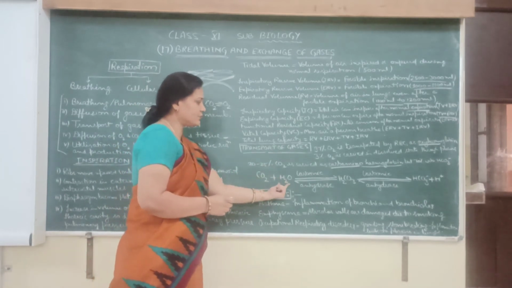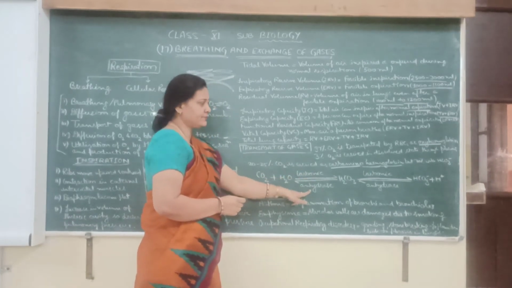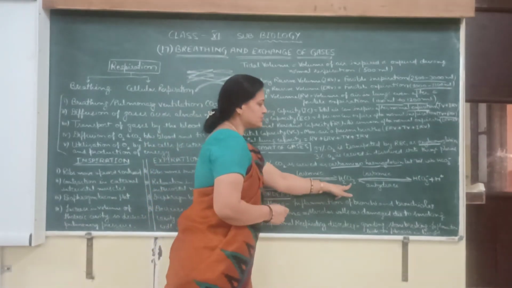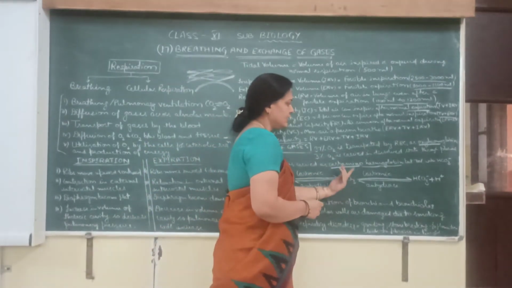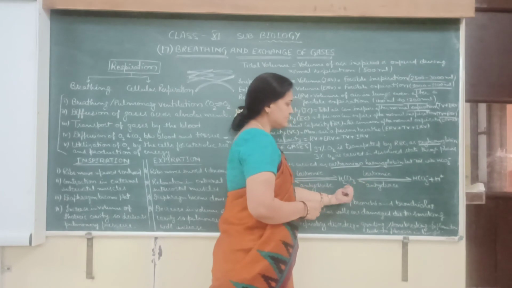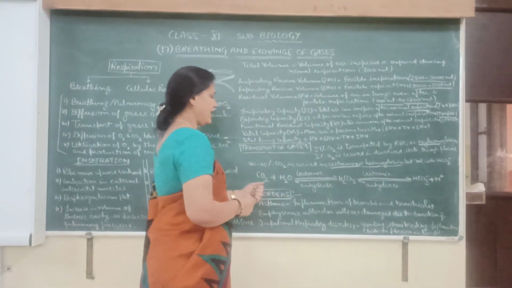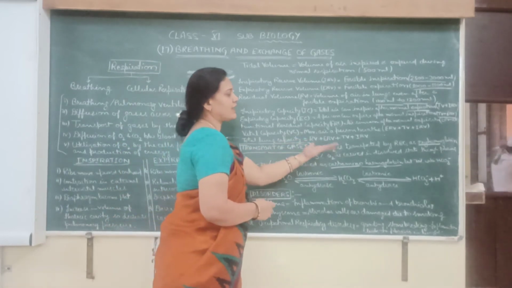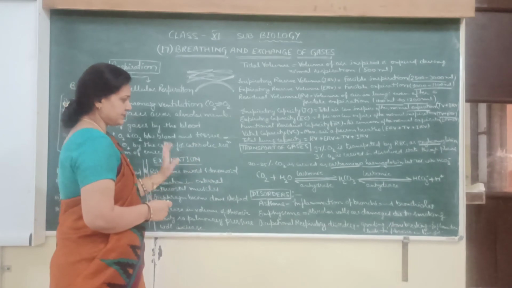Carbon dioxide reacts with water in the presence of carbonic anhydrase enzyme. Carbonic acid, H2CO3, is formed. Then carbonic acid in the presence of carbonic anhydrase breaks into the bicarbonate ion and hydrogen ion. And with this bicarbonate ion, carbon dioxide is transported about 70%.